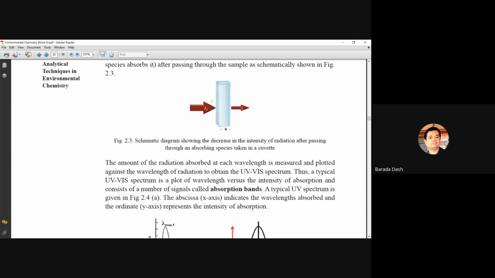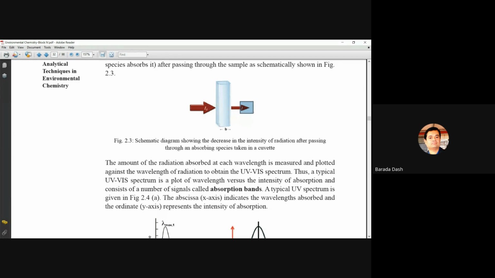When your analyte is inside this cuvette and you pass an incident radiation, some of this incident radiation will be absorbed by the analyte, and the remaining is emitted. So the emitted radiation is I.